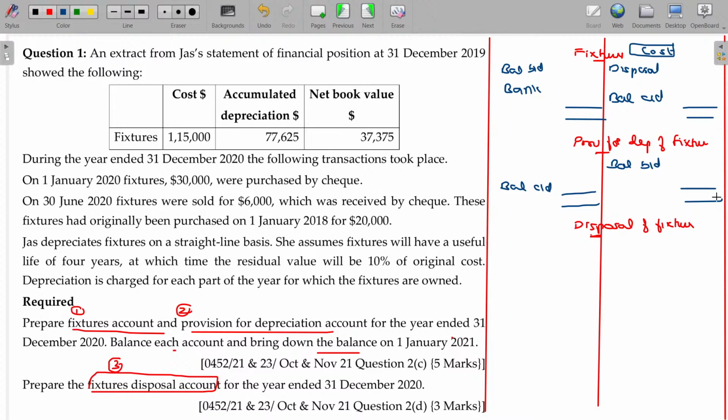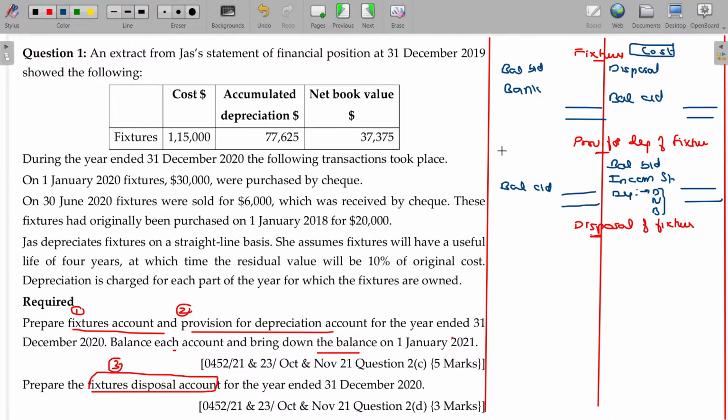Whatever the depreciation for all assets for the current year, that will be posted here, with the income statement as the other side. What is this? Depreciation for the disposed asset, new asset, as well as balance assets, other assets. And what about here? For any asset disposed, the depreciation from the date of purchase to the sale will be posted here.